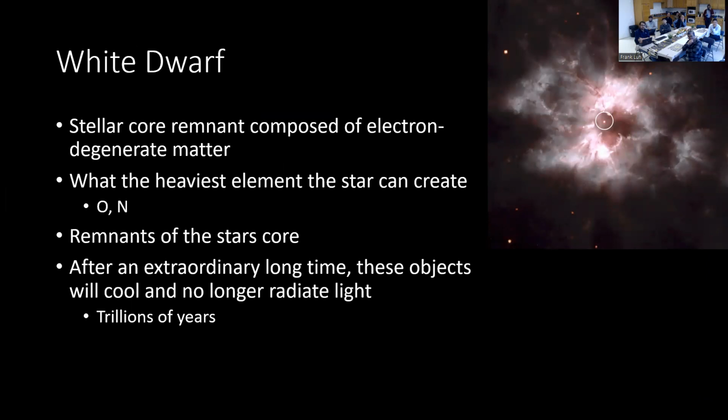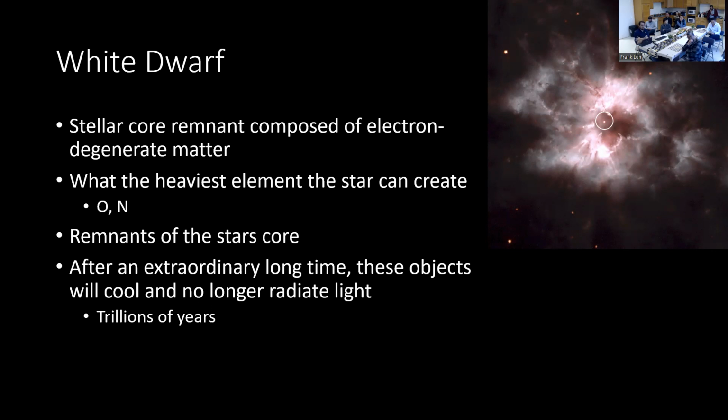Right? So the white dwarf, the stellar remnant for smaller stars, is basically the core of the star that's left over after the formation of the planetary nebula. Generally, they're made up of electron degenerate matter, which is a very interesting thing in which there's so much stuff pushing down on it that it forces the electrons orbiting the atoms into the lowest possible energy state that they can occupy.